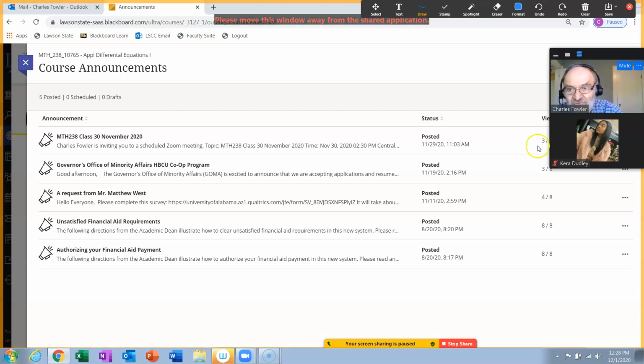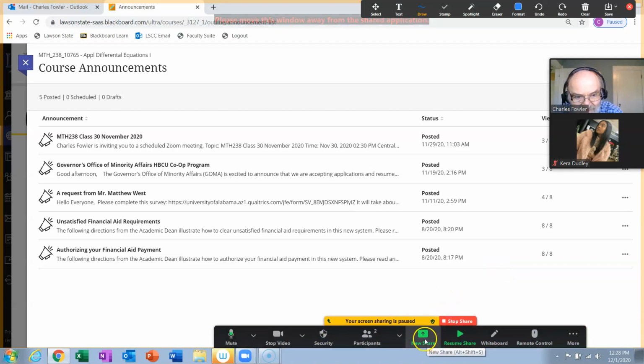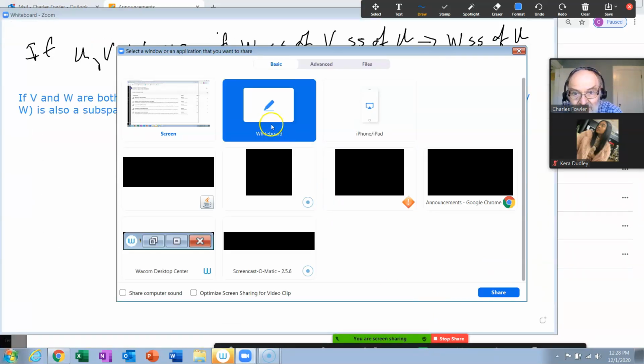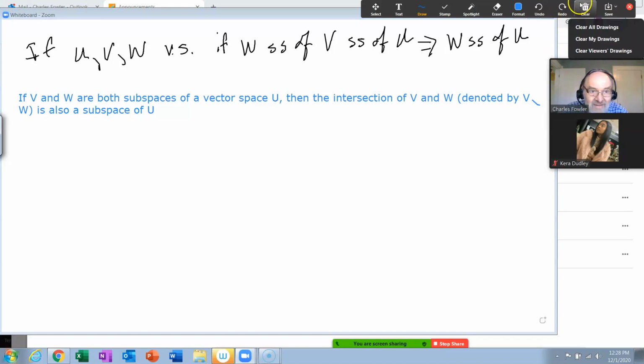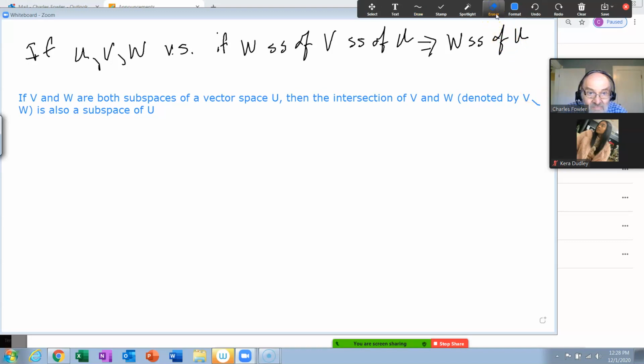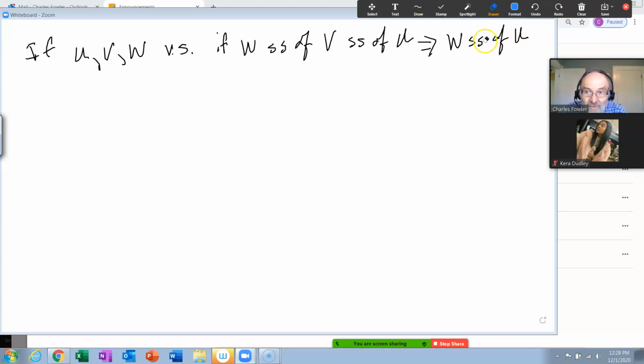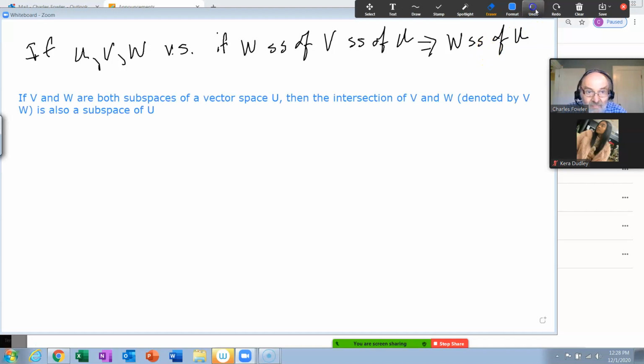Now, for some reason, my screen sharing paused. I don't know why this kind of stuff happens. Okay, there we're back again. The intersection is this, yuck, it's such a pain. Why did that happen? Yuck. Okay.